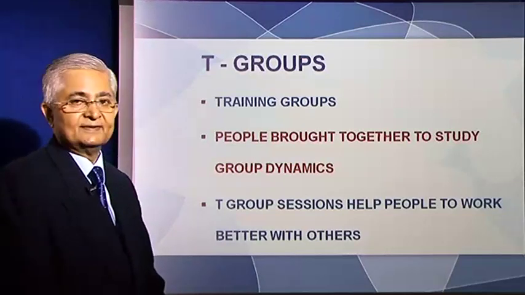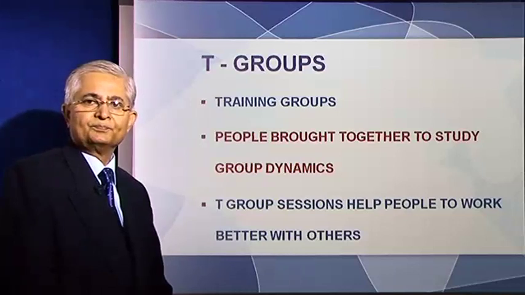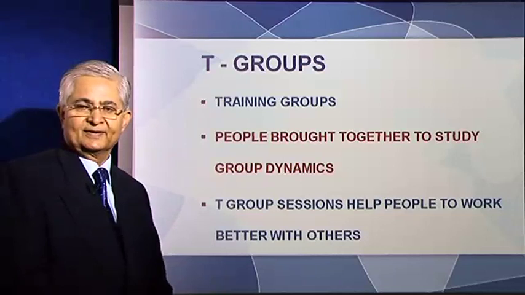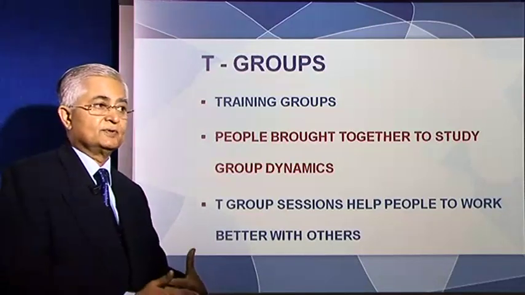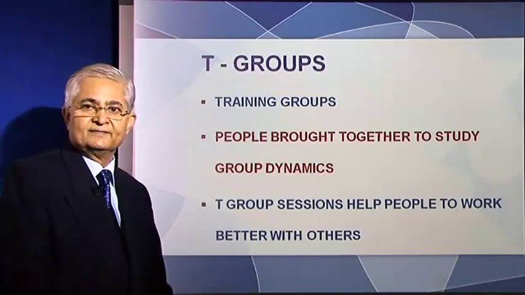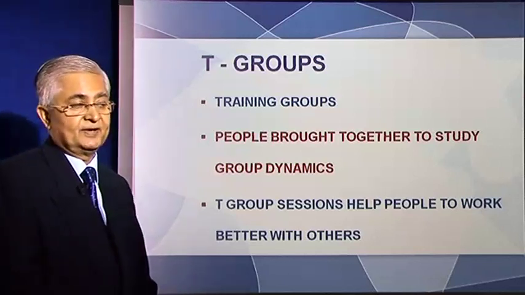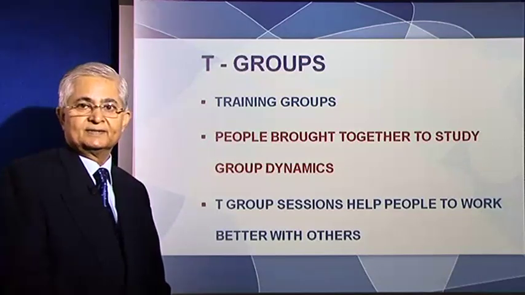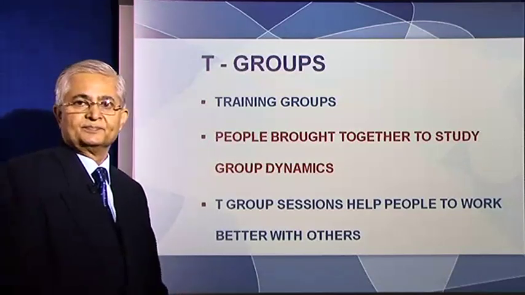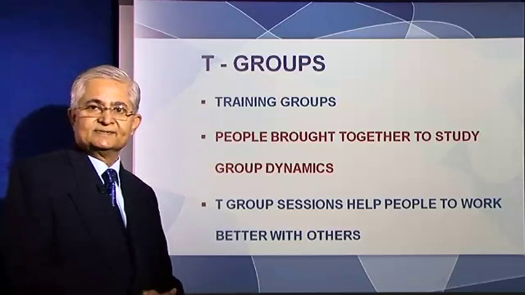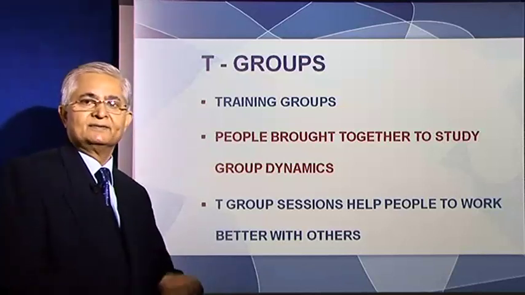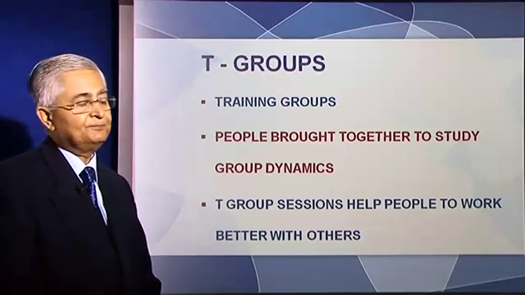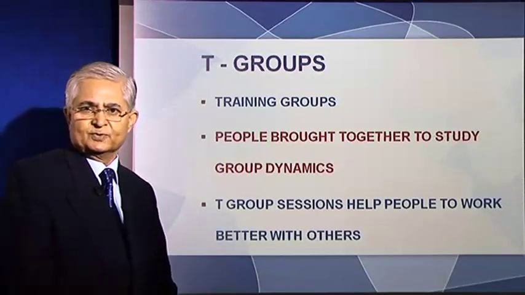On the other hand, there are some people who, when they are in a group, try and dominate. Now, left to themselves as individuals, they are very pleasant, very nice people. But when you put them into a group, because of this tendency to try and dominate the group, the person is seen as being a very offensive individual.